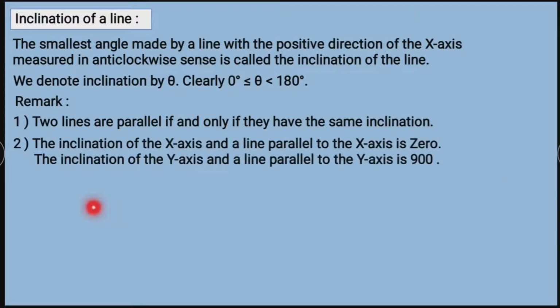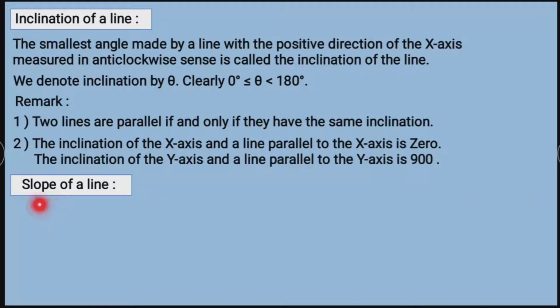Number 2, the inclination of x-axis and a line parallel to x-axis is 0, because the angle made by the line parallel with x-axis is 0, and similarly x-axis also makes angle 0 with the parallel line. Then the inclination of y-axis and a line parallel to y-axis is 90 degrees. Here is one print mistake. Instead of 900 we require 90 degrees.